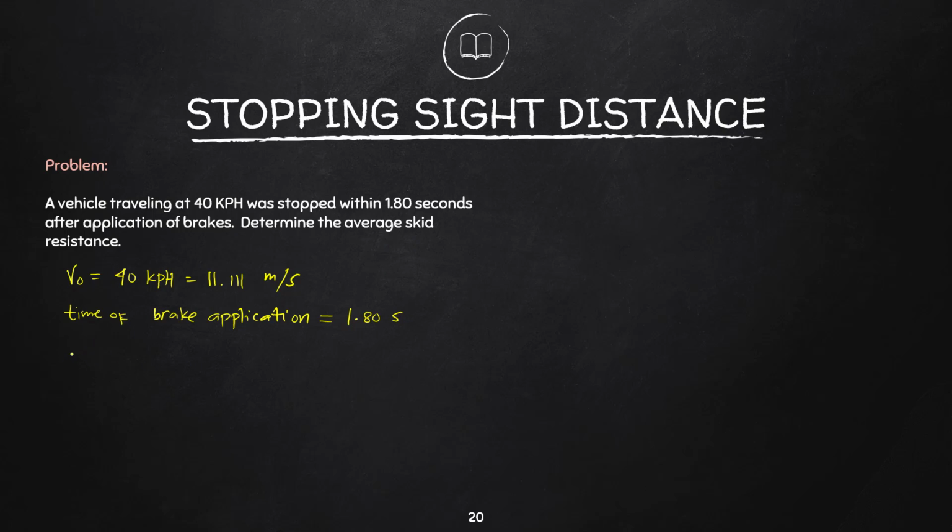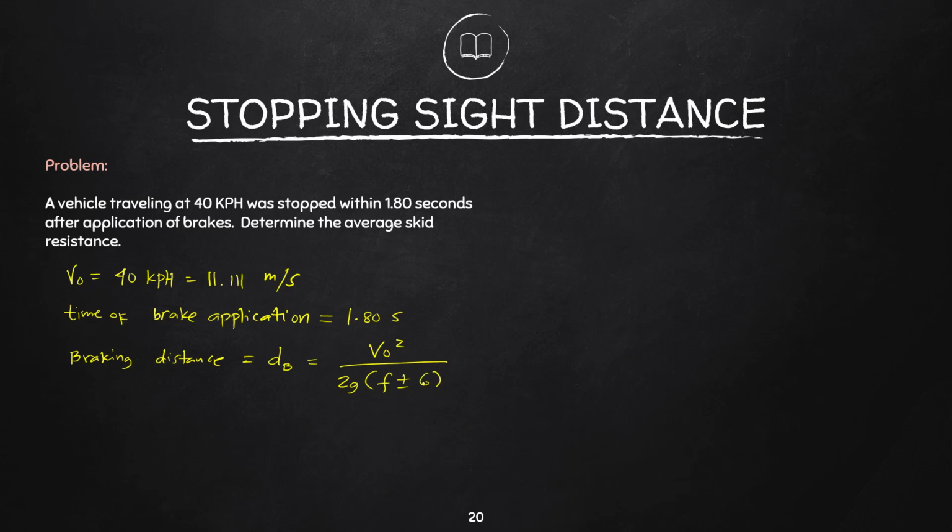Okay, so our braking distance, I think we call this one d sub b, is equal to v sub 0 squared over 2g times f plus or minus g.